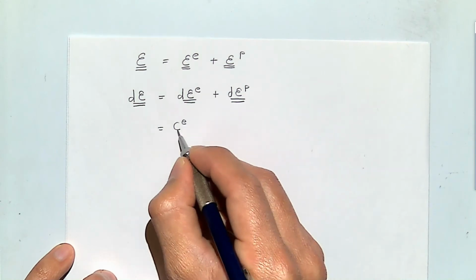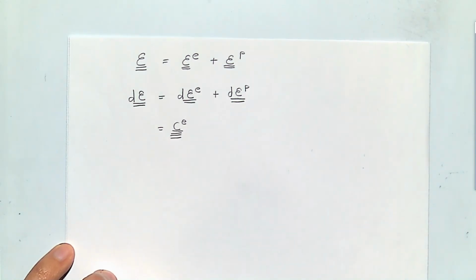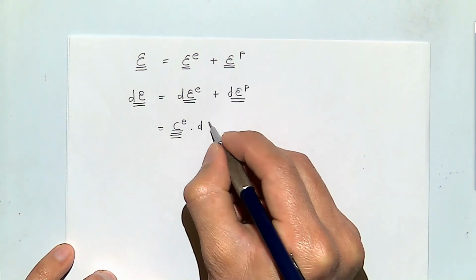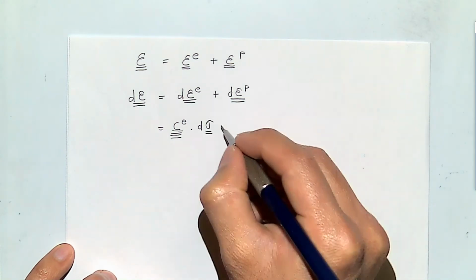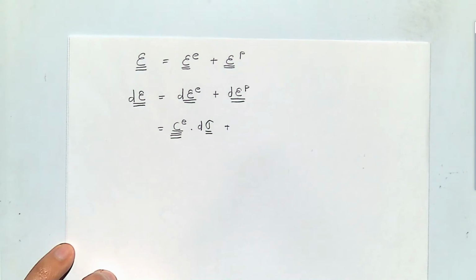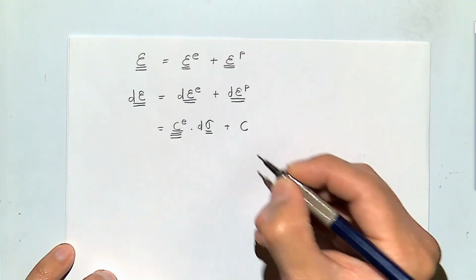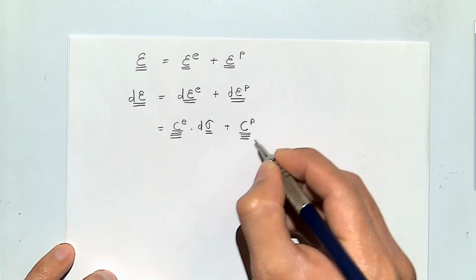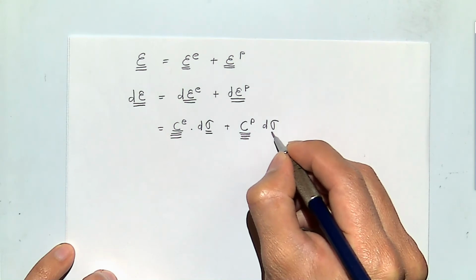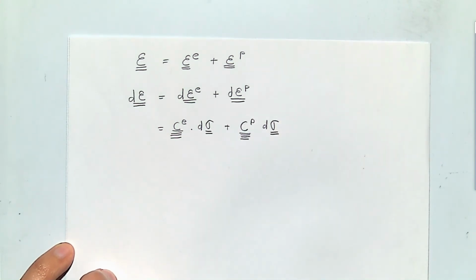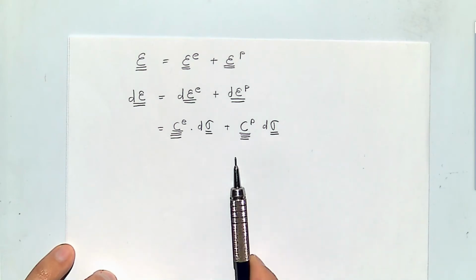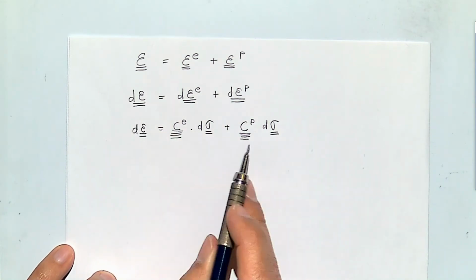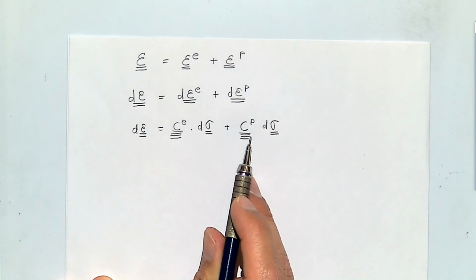As we know from before, the elastic part depends on an elastic stiffness matrix times a change of stress, and the plastic part will also depend on a matrix, but now it's not an elastic matrix anymore. It's a plastic matrix times an incremental change of stress. In general, all the elastoplastic models follow this equation. We're going to see what these matrices look like for this Cam-Clay model.